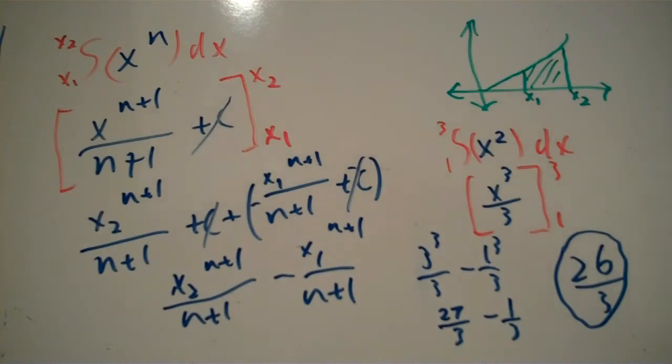Now, if you watched my long integrals video recently, you may notice that x squared was the integration example I used for that. And at the end, I got 26 over 3. So, as you can see, quick definite integrals is a lot faster than that long integral process.